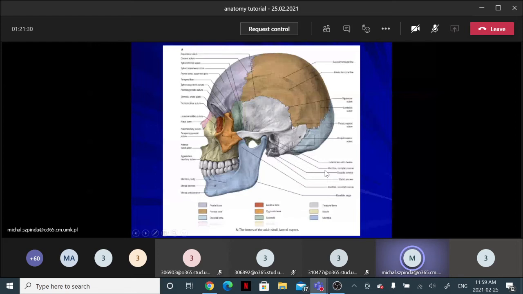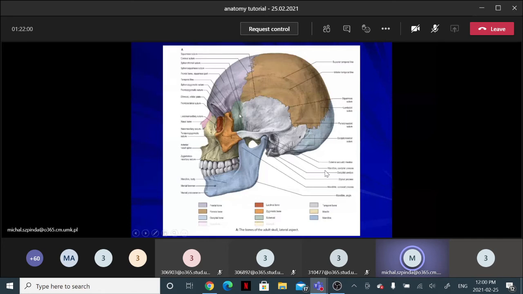The temporal plane is composed of 4 bones: the temporal squama, the greater wing of the sphenoid, the temporal surface of the frontal squama, and the inferior part of the parietal bone.